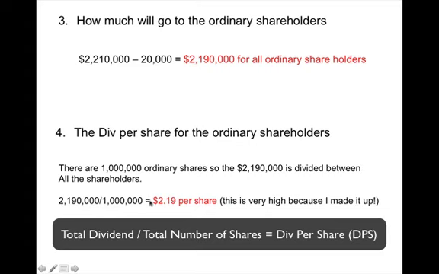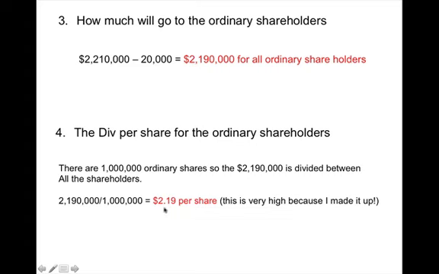Now this is $2.19. This is very, very high because I've made the question up, but that's basically how it works out. You get the profit once all the other costs have been taken out. So that's the tax, expansion, preference shares, then divided by the number of ordinary shares, and you get a div per share.